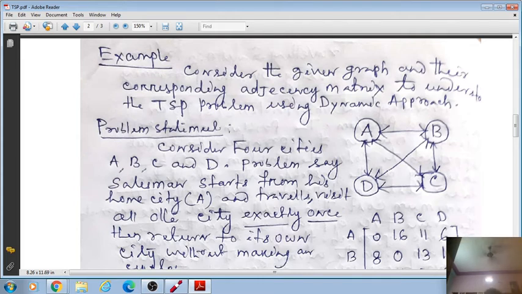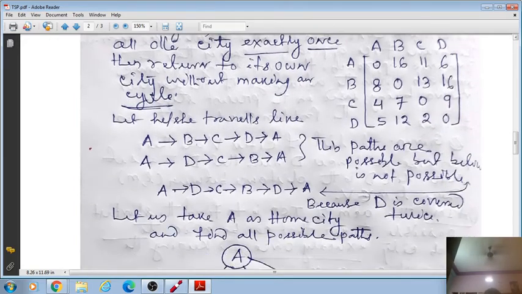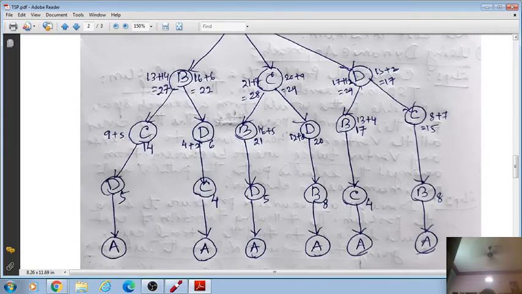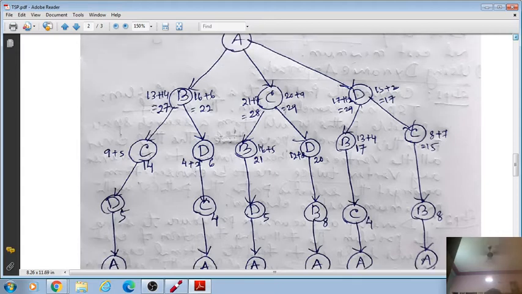Clear? Similarly, the possibilities are written here. You can mark it here that he is going A to B, A to C, A to D. If A to B is there, there are two possibilities because A and B are covered: either C or D. So if he goes to C, there is one possibility, that is D. From A to B, B to C, C to D, then back to hometown A. I have given this path.